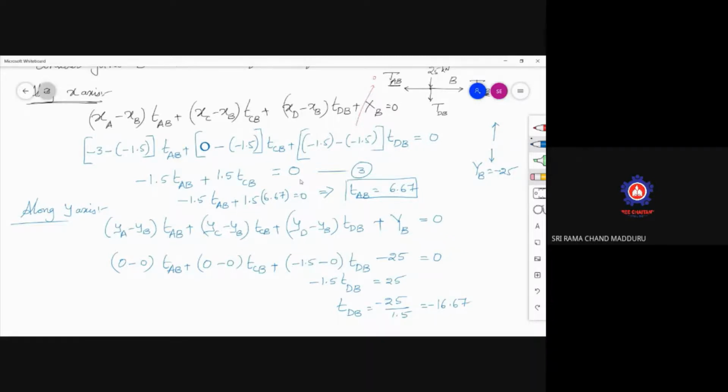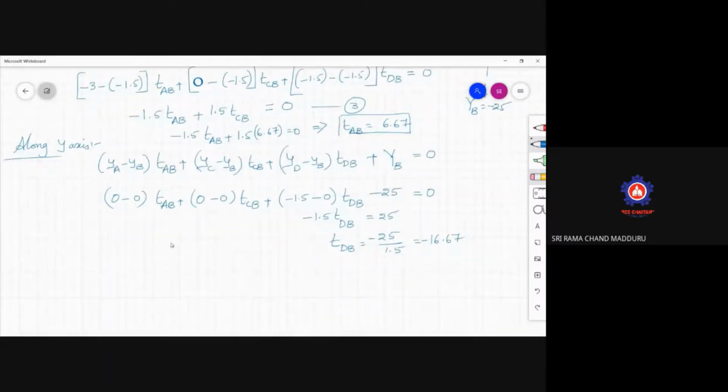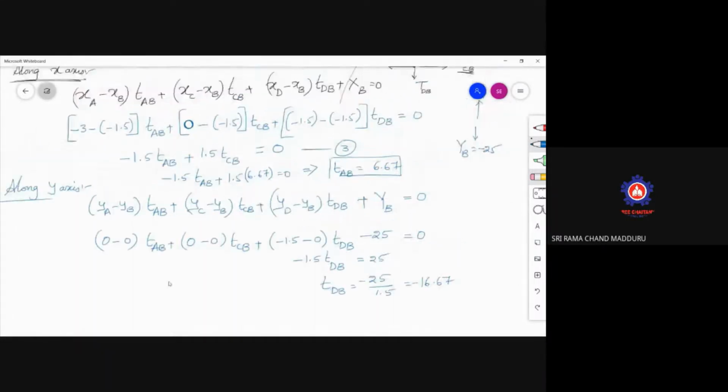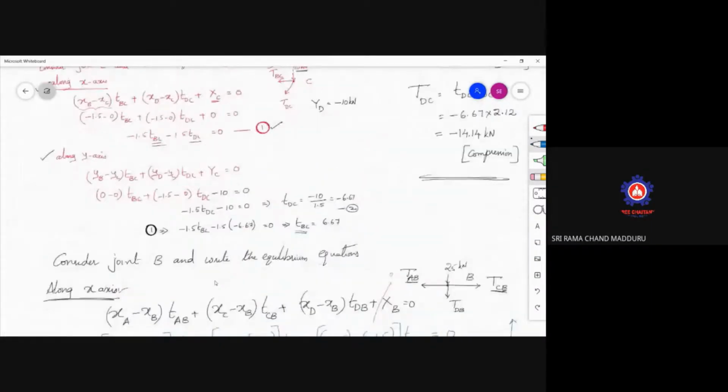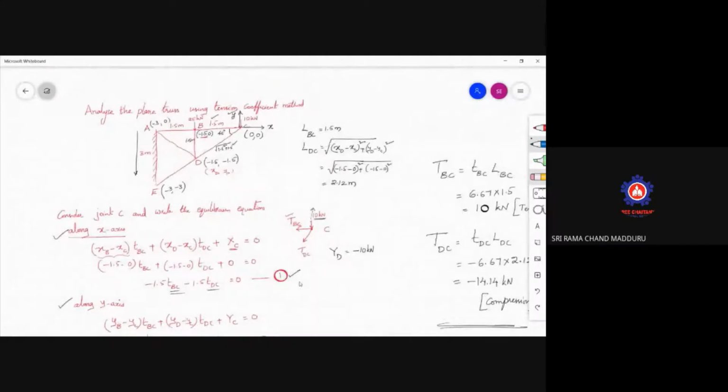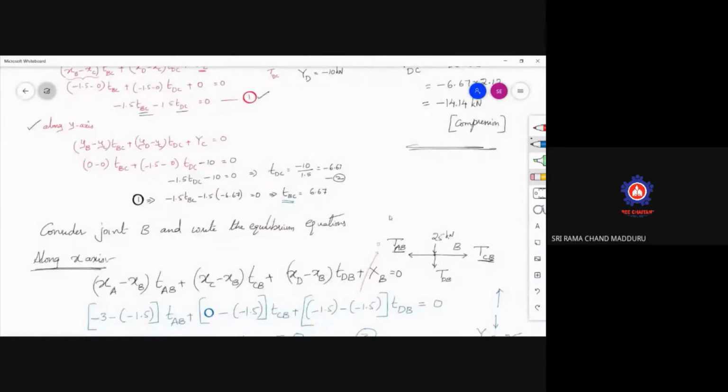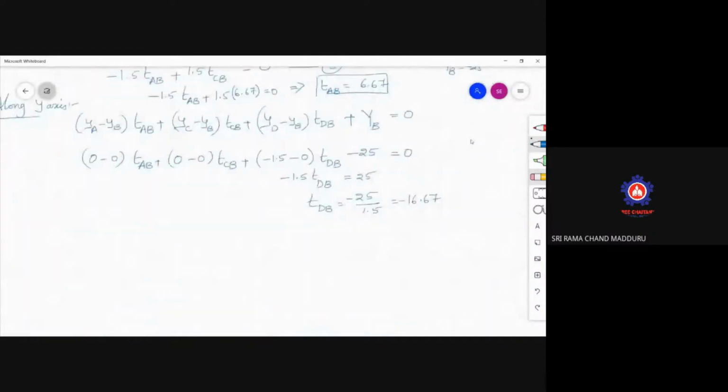It is to be multiplied with the length of the member to get the force. Now let us see the length of the member AB as well as the member DB. DB is 1.5, AB is also 1.5. So multiply these tension coefficients with the length of the member, 1.5 meters, and you will get the force.